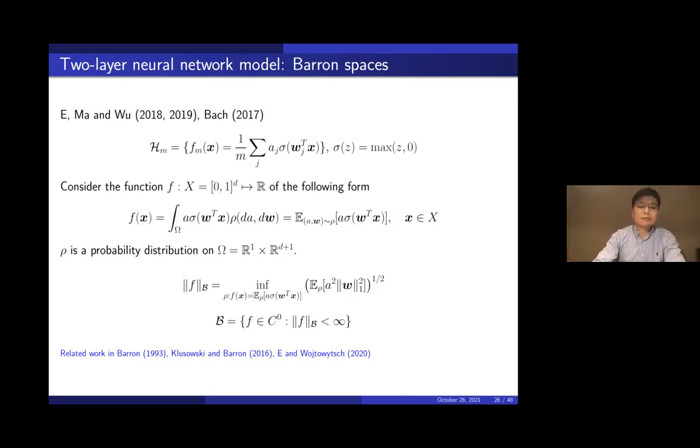In order to address that question, we're going to limit our attention to functions of this form, functions that can be represented with rho, a probability distribution in the space of parameters a and w. This is natural because this is like the continuous version of this. And this can be expressed as an expectation.